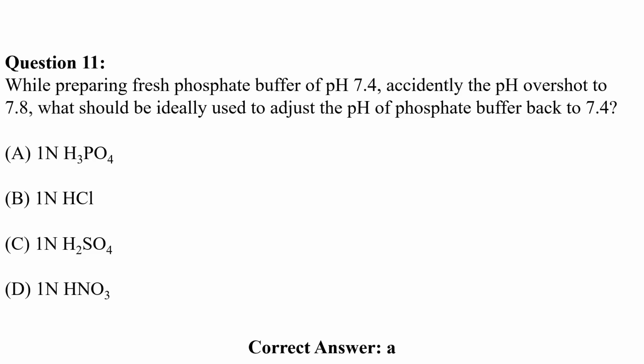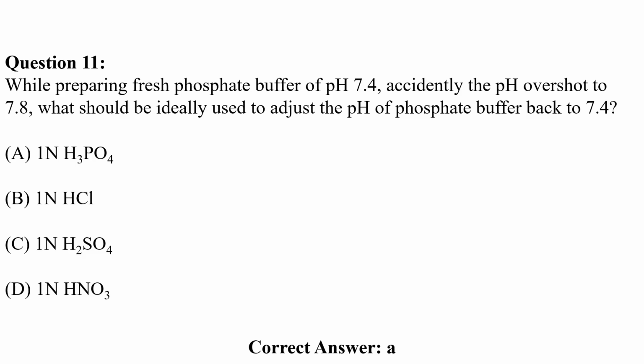Similarly, whenever I am doing a biological experiment where I am using an enzyme and doing an enzymatic reaction, I want that enzyme to work at the particular pH where it is most active. To get that pH, I will have to take a buffer of that pH. Why am I taking a buffer?